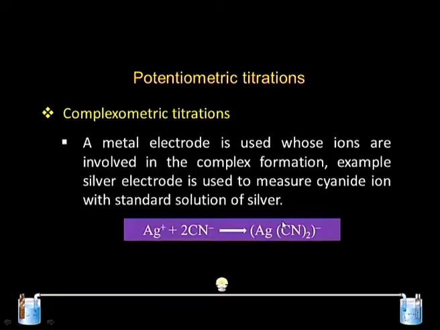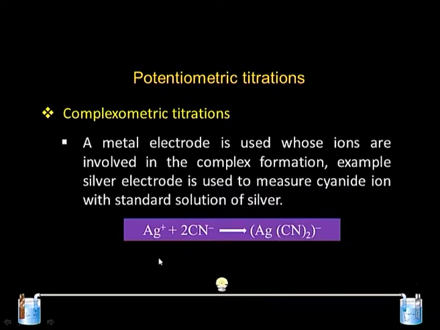The second type comes under complexometric titrations. For example, a metal electrode is used whose ions are involved in the complex formation. For example, a silver electrode is used to measure cyanide ions with a standard solution of silver.